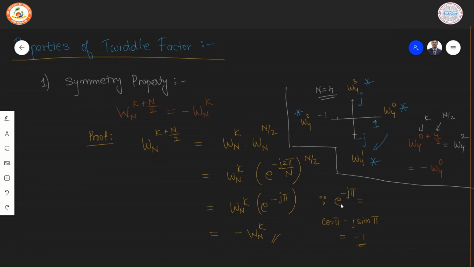Now we are aware that e to the power of minus jπ is cos π minus j sin π, which has the answer minus 1. Hence, we get the result as minus W_N to the power of k.